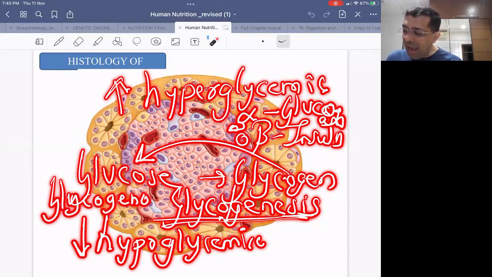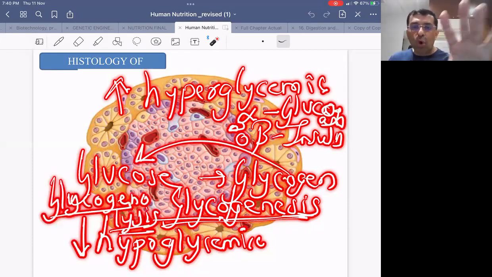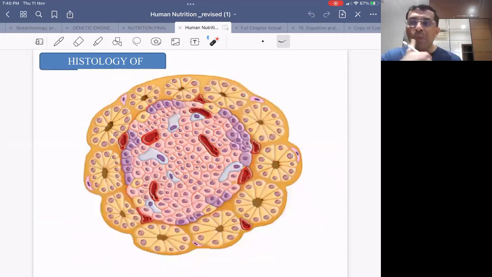Lysis, breakdown of glycogen into glucose. So breakdown of glycogen into glucose, called as glycogenolysis, is done with the help of glucagon, and your blood sugar levels will increase.